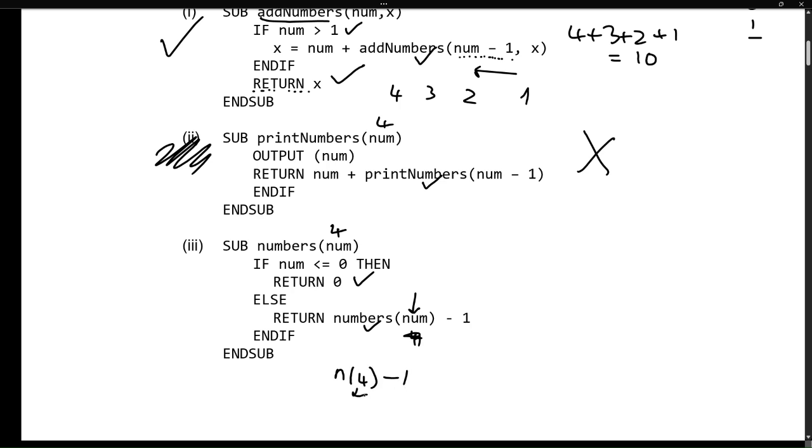Then what's this going to be? Well, this is going to become numbers 4 - 1. What's that going to become? Oh, that's going to become numbers 4, because this number is not changing, because we're plugging it in every time. Every time we plug it in, we're going to plug in 4. There's no difference. So this guy is no.